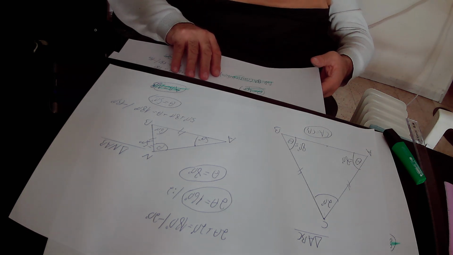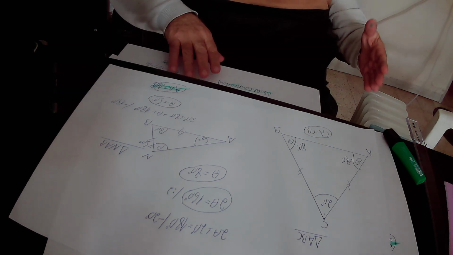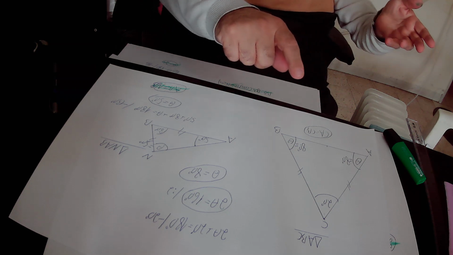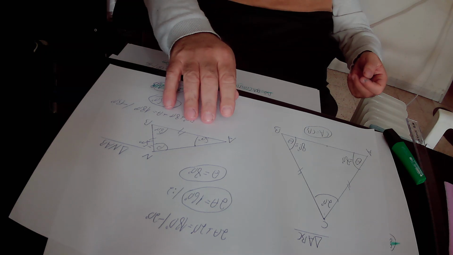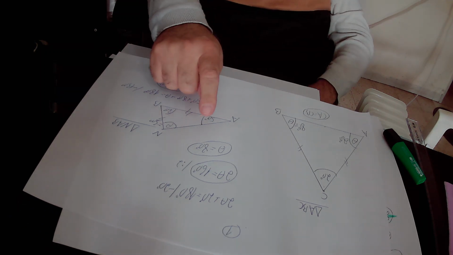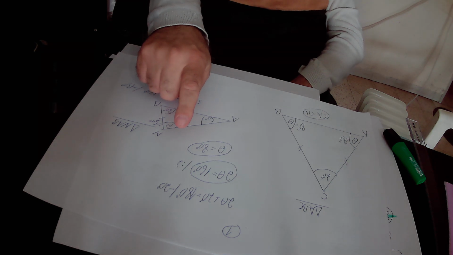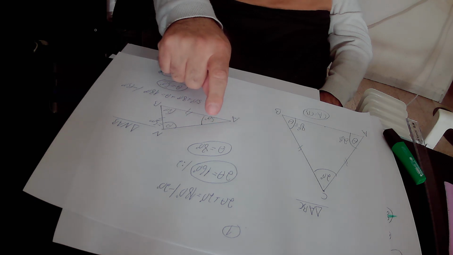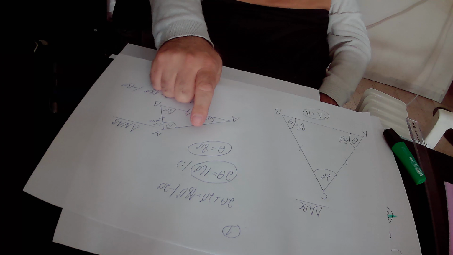And we have the rule that the sum of the angles in any triangle is equal to 180 degrees. So which angles do we have inside triangle ABC? We have theta plus theta, which is 2 theta, plus 20 degrees, equals 180 degrees. We subtract 20 degrees and find that 2 theta equals 180 minus 20, which is 160.